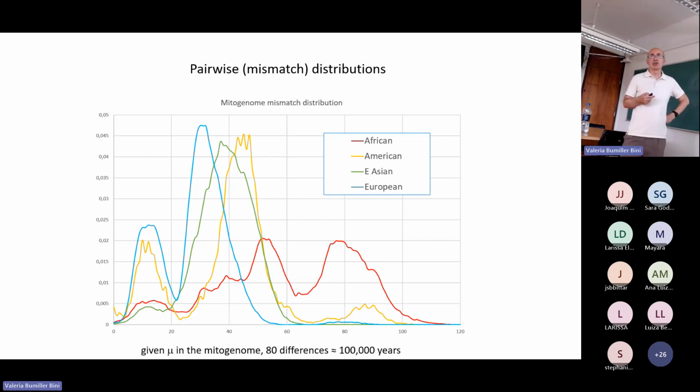And to give you a sense of scale, even with the mutation rate in the mitochondrial genome, to get to these 80 differences, you need 100,000 years. And this is much less than that. This will be like 10,000 years.